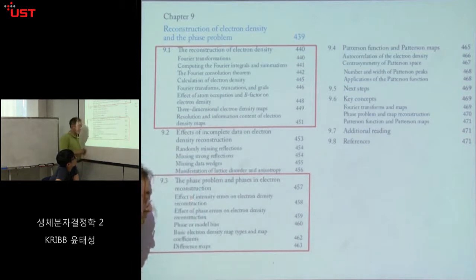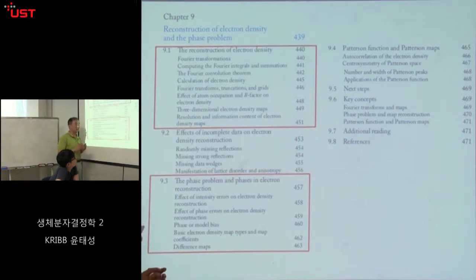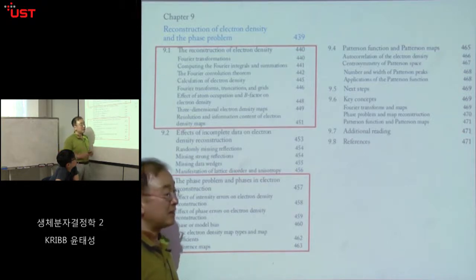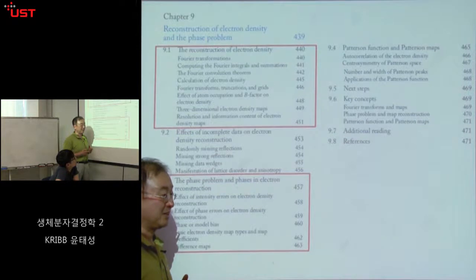You may not remember, but last time, before data collection and after crystal geometry, at diffraction basics, I was talking about symmetry. Symmetry in real space and symmetry in reciprocal space. At that time, I was talking about point group symmetry and space group symmetry and Patterson symmetry.